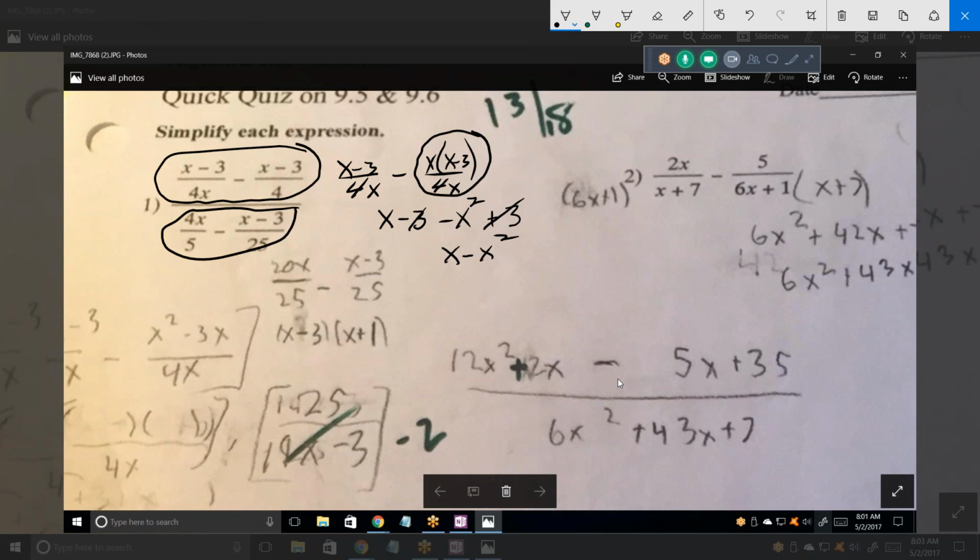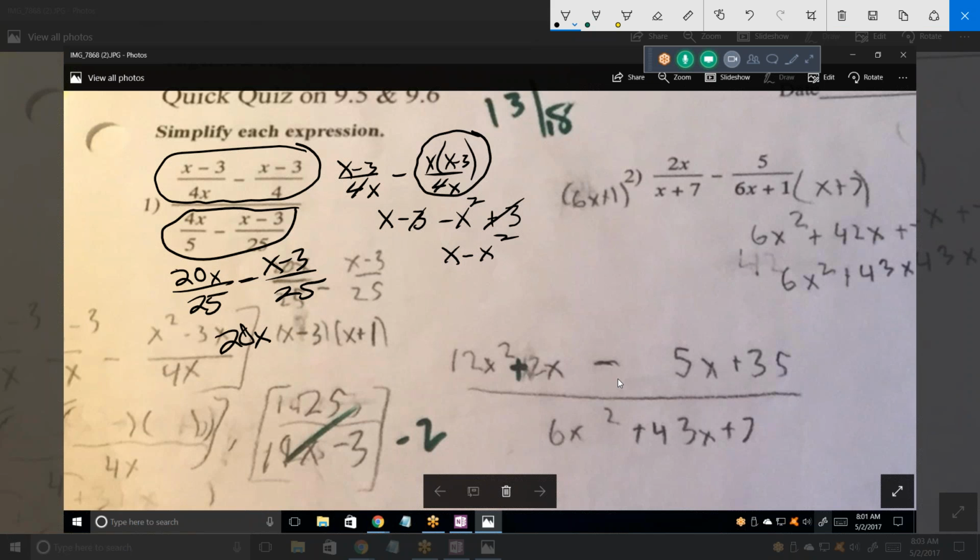Okay? Now, let's look at the denominator. What does this left term become? I think you're all right with this, so let me go ahead and write it out. I'm multiplying top and bottom by 5 to get a common denominator, and then I'm subtracting x minus 3 over 25, so that's going to give me 20x, and you're going to have the same problem here.